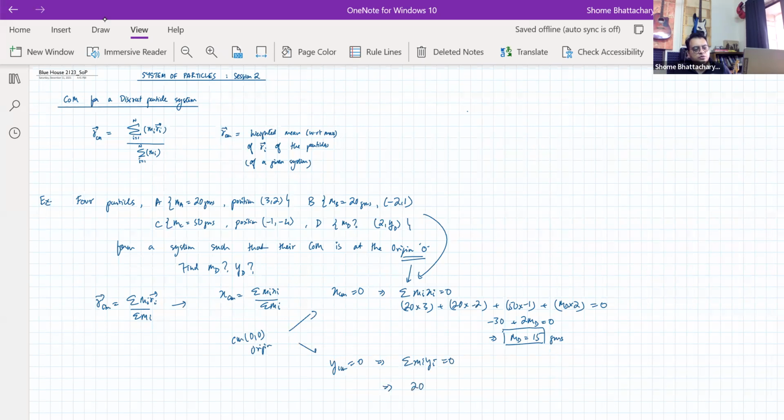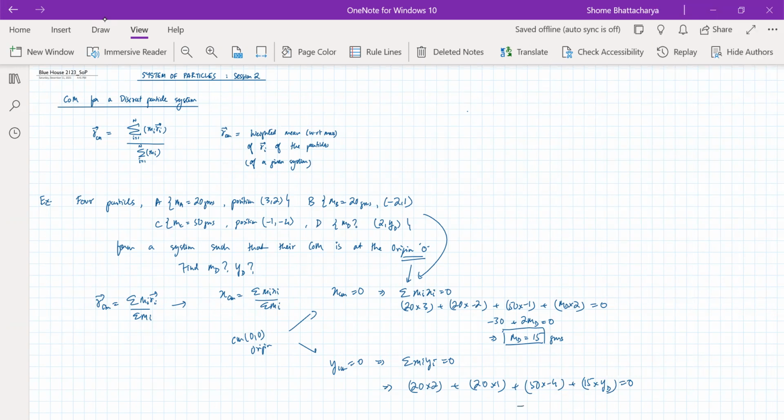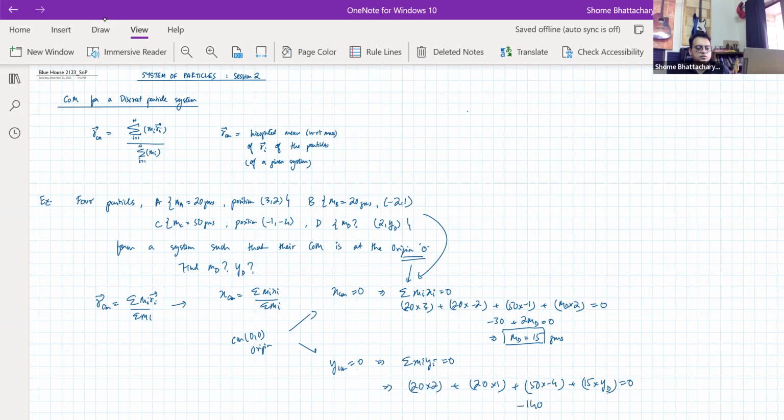So 20 into 2 plus 20 into 1 plus 50 into minus 4 plus 15 into some y should be 0. So this will give us 40 plus 20, 60 minus 200. Minus 140 plus 15 yD is 0.